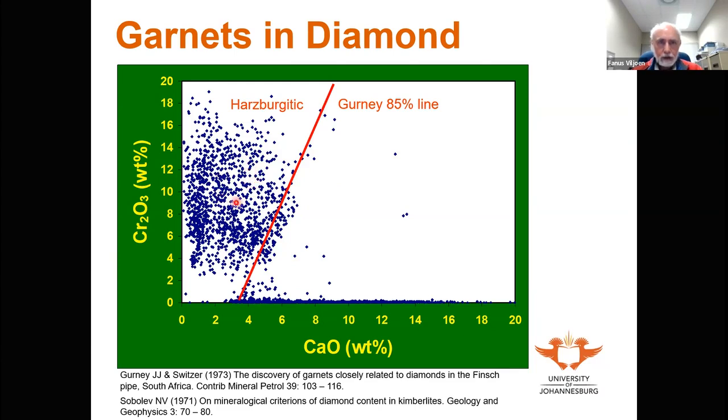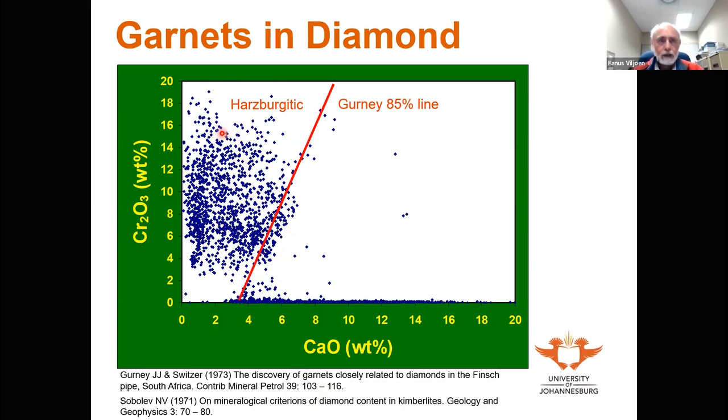If you find garnets in your prospecting program that plot somewhere in this part of the diagram, then the assumption, because they are so abundant as an inclusion in diamonds, is that you are potentially onto a diamond-bearing kimberlite. And the theory of that is discussed in these two papers.